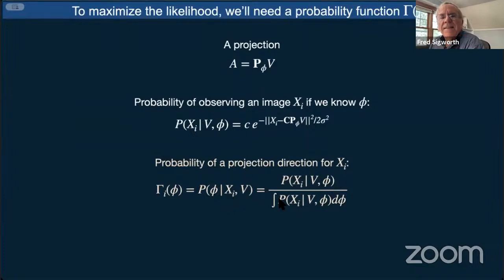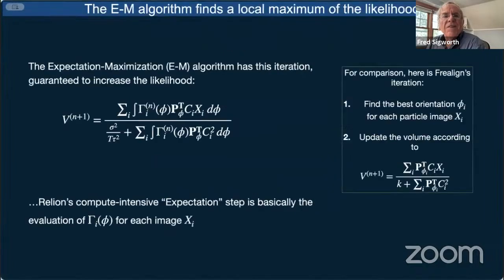And this thing is just a normalization of something that we already know. We already know how to compute this guy. It's this Gaussian distribution. So gamma sub I is the thing that Nikolaus Grigorieff would maximize in FREALIGN and he would just pick the best value. We're going to keep all values of this probability of the projection direction.